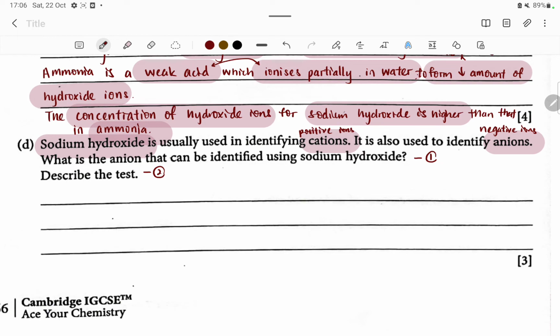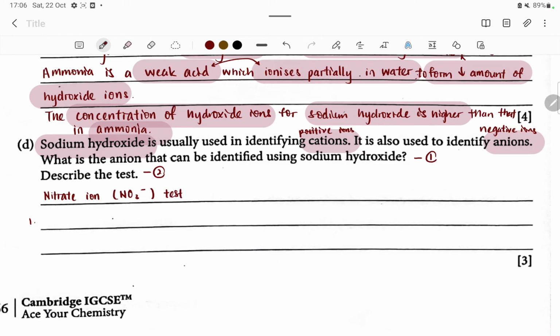So this one, we can use this to test for actually nitrate ion. So this one is NO3 minus. This one, nitrate, we can actually test it like that. The procedure lah. First step is, but during exam we don't write the first step. This one is, I want to make it simple for you to revise.